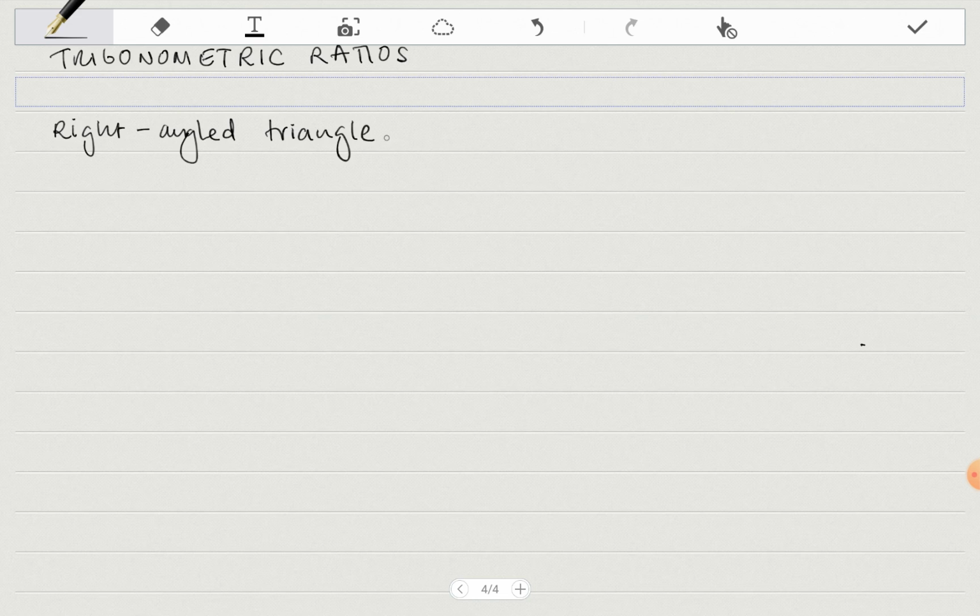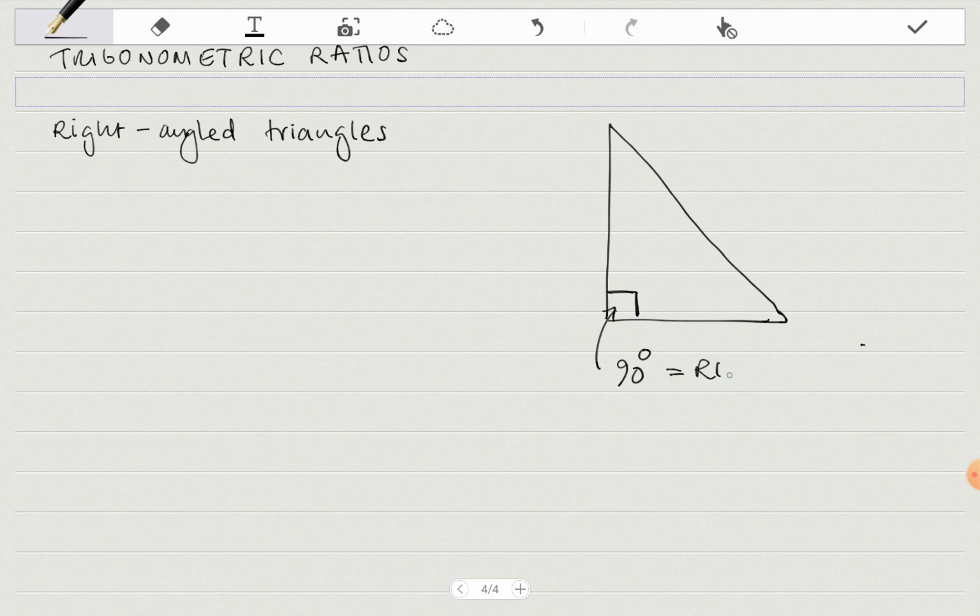So we see that you have a right angle triangle, as I've showed you in the previous videos. A right angle triangle just means that we have a right angle, and this angle is 90 degrees. So this is your right angle.